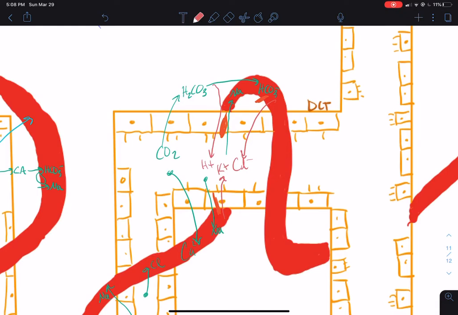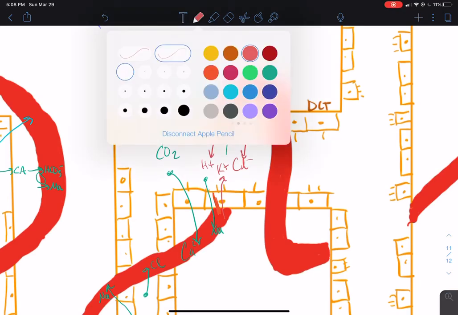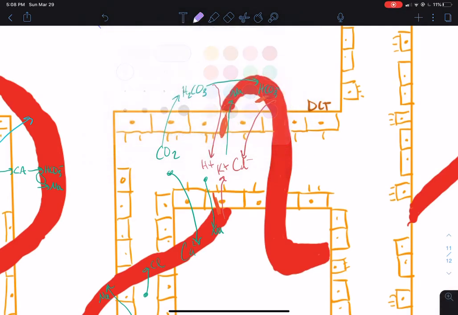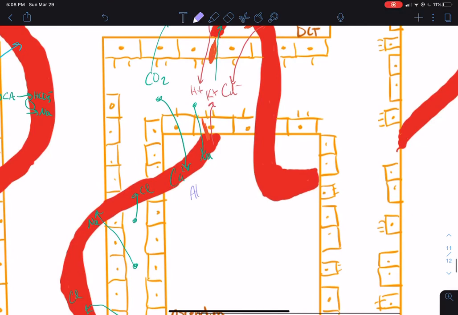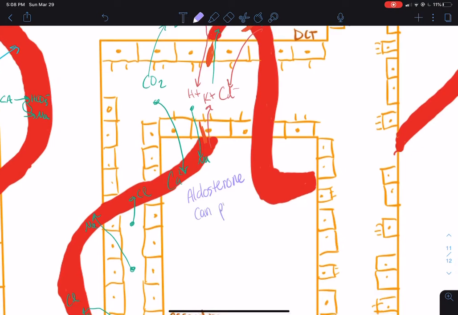And we still need some sodium cations in order to actually exchange for hydrogen protons also. So in order to regulate this sodium-potassium exchanger, we need to use the hormone aldosterone. And aldosterone will promote this exchange.